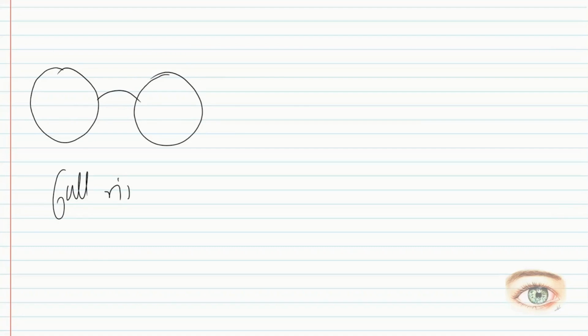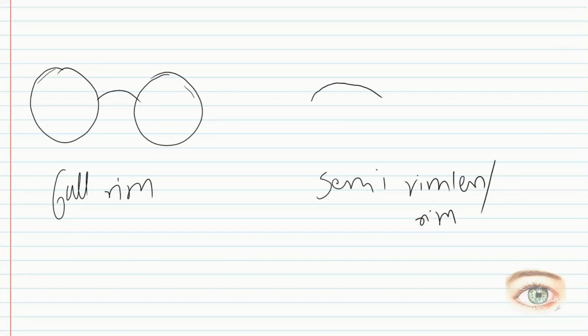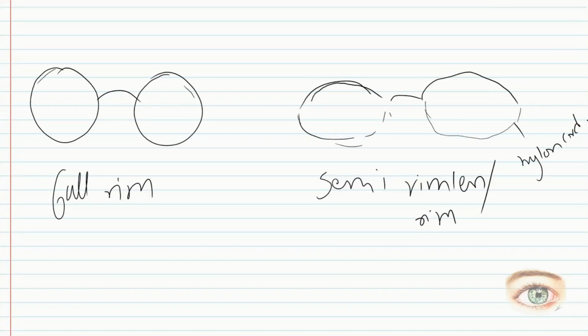Now, there are three types of spectacle frame based on rims. The first one consists of full rim, in which the rim covers the whole lens. The second one is semi-rim or semi-rimless, in which the rim only covers the superior surface of the lens. The inferior does not contain a rim, or sometimes it may contain a nylon cord to hold it in place, but it is invisible.